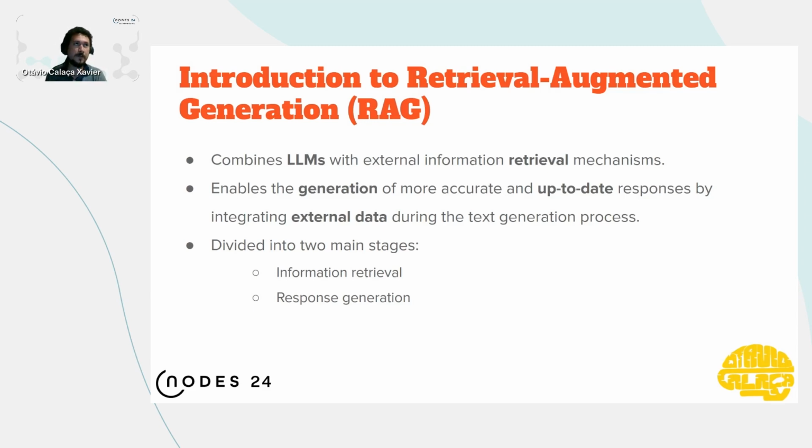So before sending the user's prompt to the LLM, the idea is to improve this prompt by getting some external data. It is divided into two stages. First, we retrieve this information, and then we put it in the prompt to generate the response.